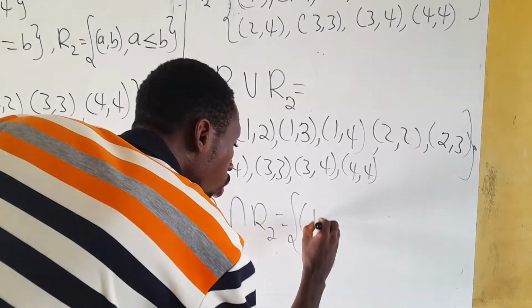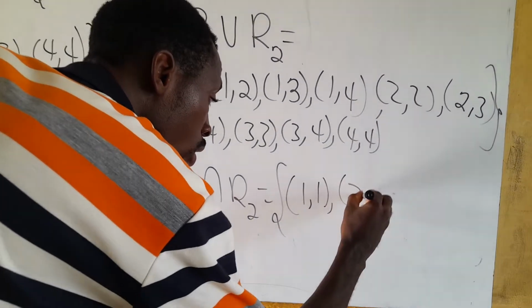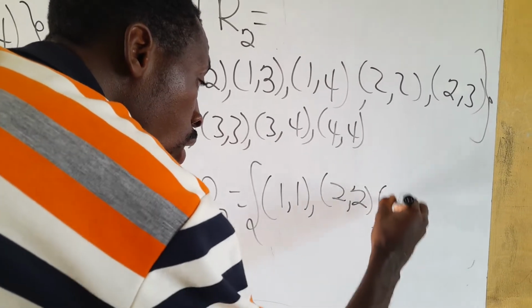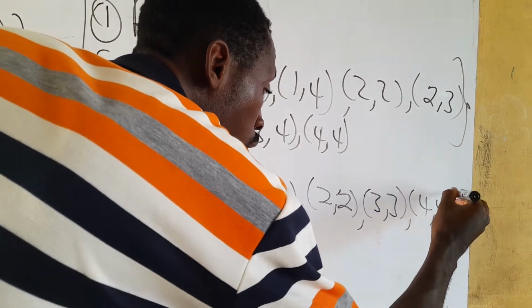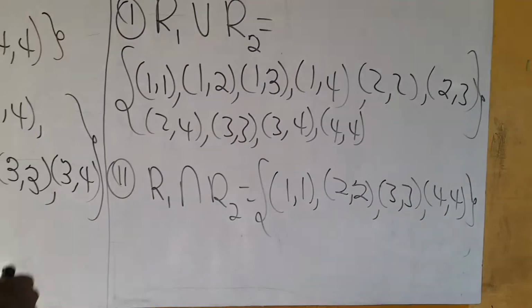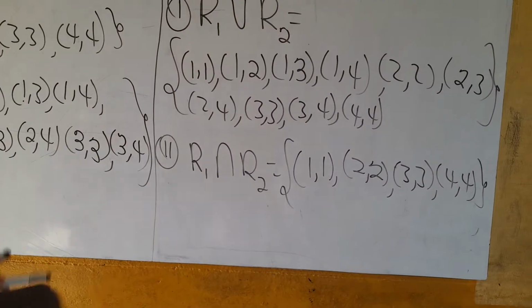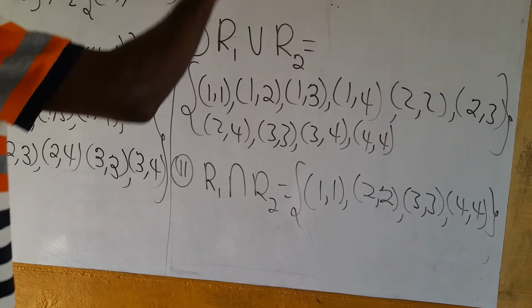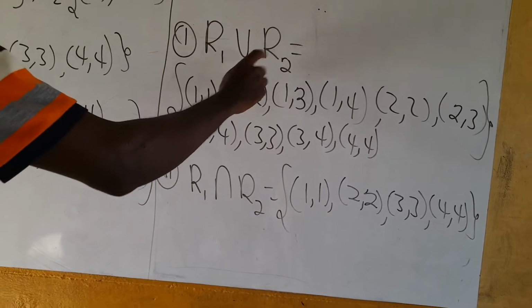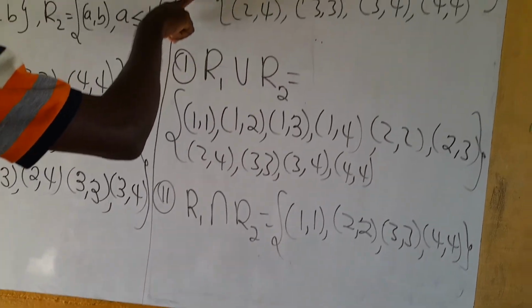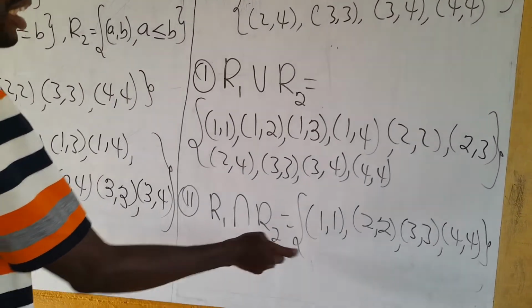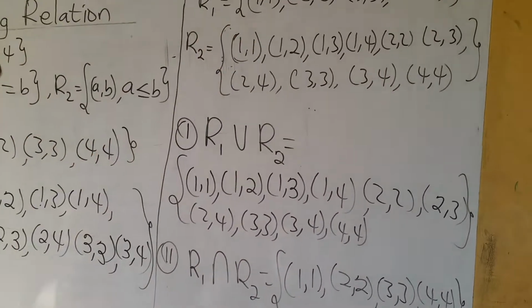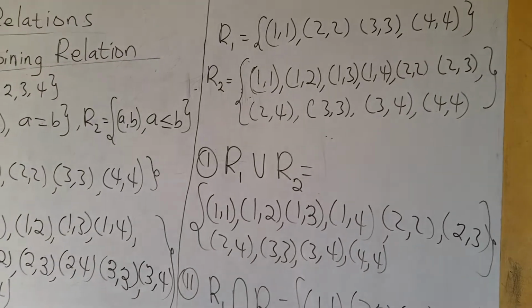So we have 1, 1, 2, 2, 3, 3, 4, 4. So you can be asked to draw a conclusion. You can draw a conclusion that in this relation, R1 union R2 is equal to R2. And R1 intersection R2 is equal to R1.